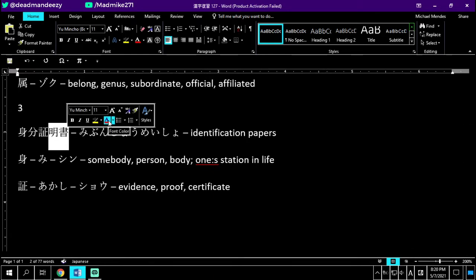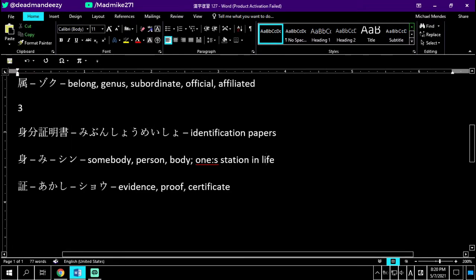Mibunsho meisho. It makes sense, but not really. So, mibunsho meisho is ID paper.